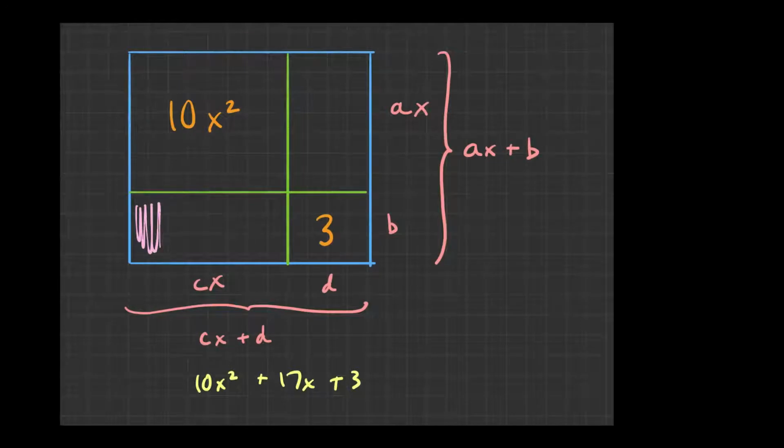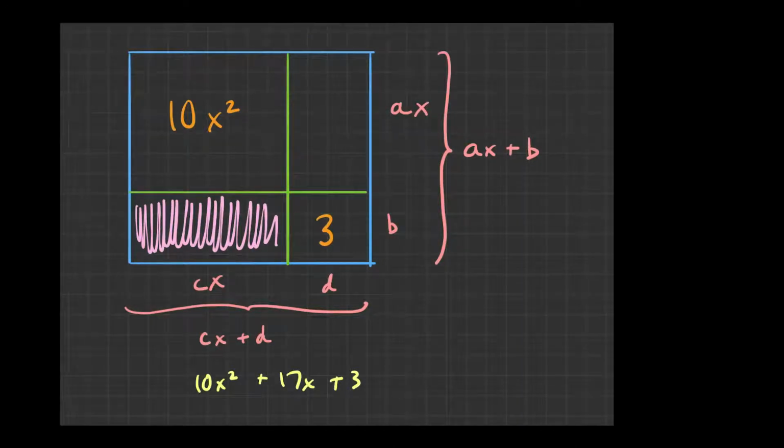So I know that this area plus this area, how about red? Yeah, okay. That area. So I know that this plus this must be equal to 17x. Okay, so that's one of the things that I know.